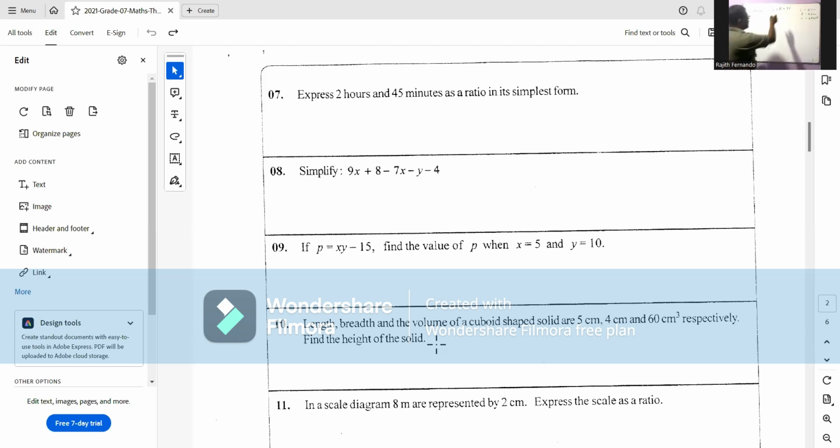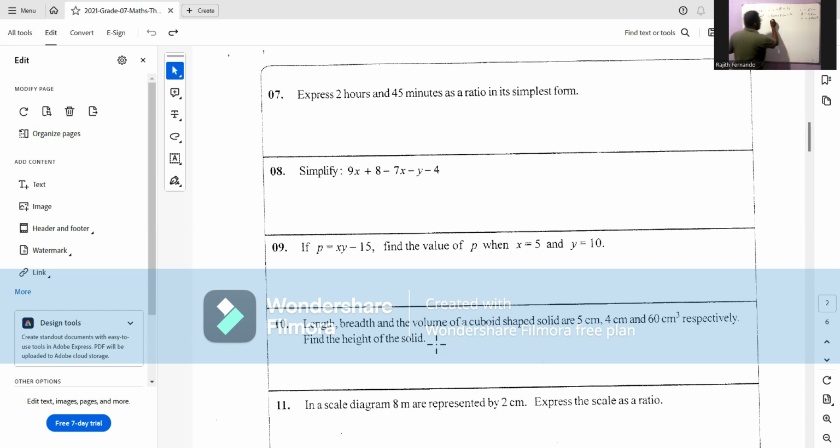Then you have to substitute these values. 60 cubic centimeters is equal to length 5 centimeters times width 4 centimeters times the height, which you don't know.